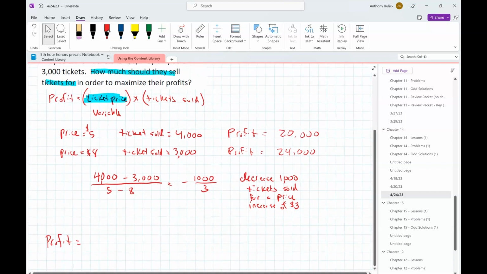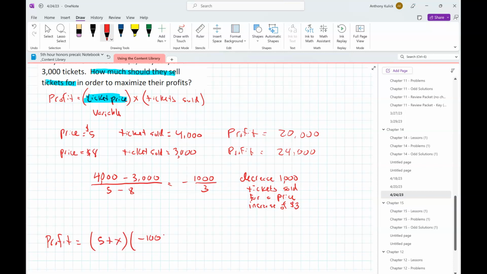Okay. So it's going to be 5 plus x times negative 1,000 divided by 3, should be negative. It shouldn't. Hold on one second. I just got to get the numbers to work out right.